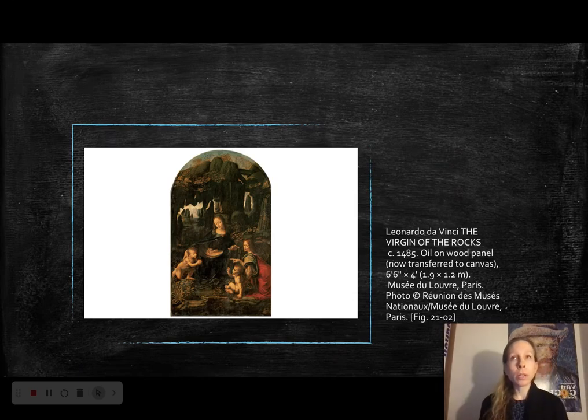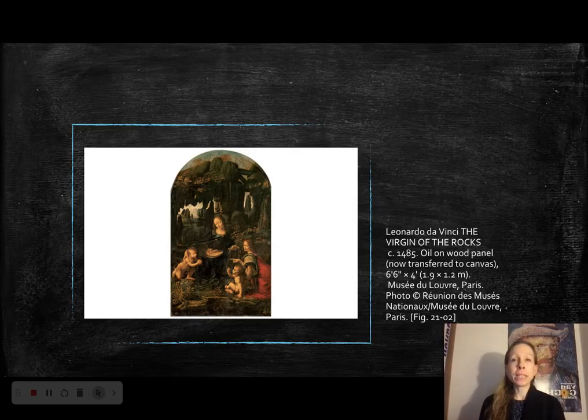So Leonardo was not only a painter, but he was also interested in science, secret societies, inventions, and literature, many things. And he brought a lot of this into his artwork, and it's reflected in his artwork. And for this reason, he is also known for not finishing things.